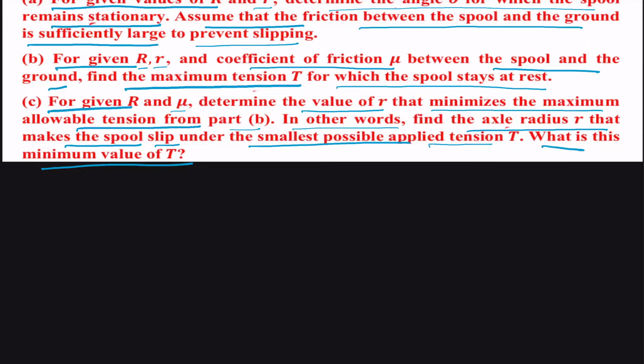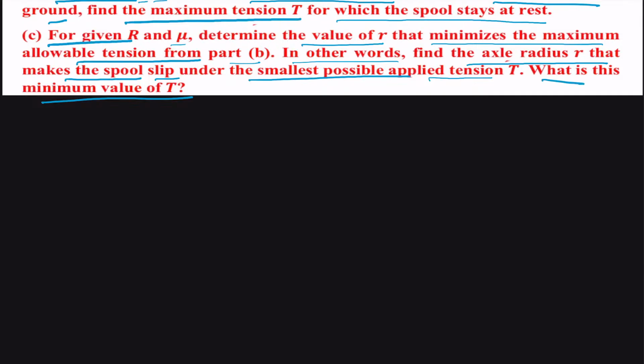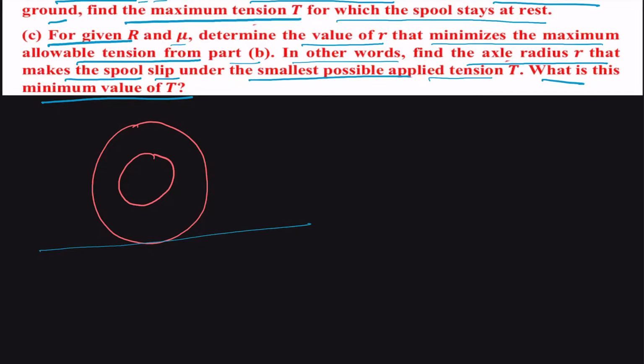Okay. So first of all, let's draw the basic figure. We are given that we have a spool. This is inner and this is our outer, and this is our ground. We have an inner radius small r and an outer radius capital R, and the thread is wound on our inner one and it is pulled by tension T, which is making an angle of theta with the horizontal.